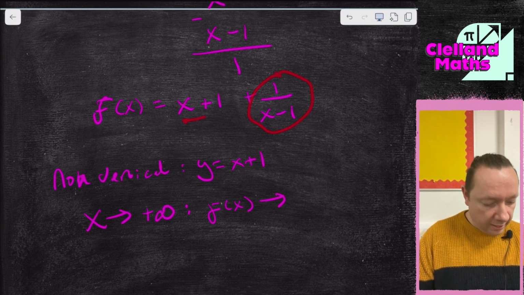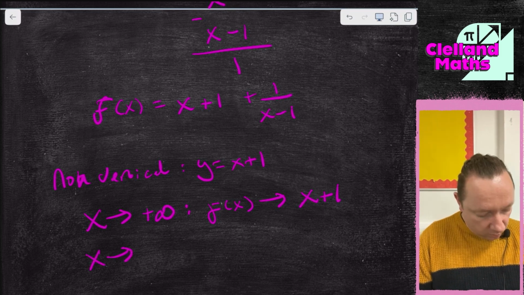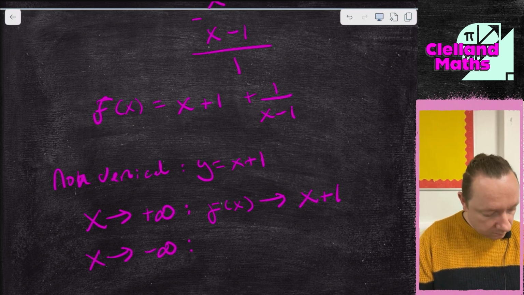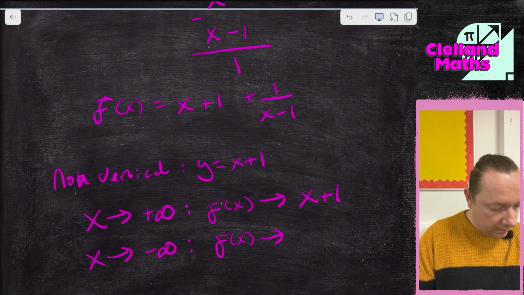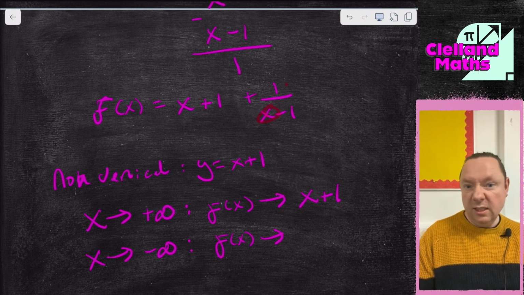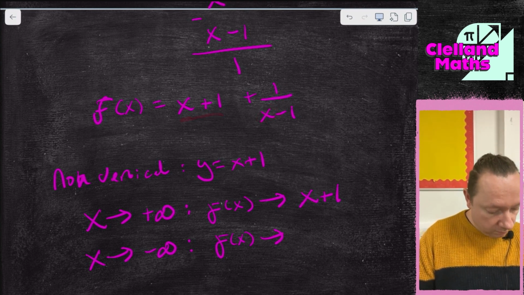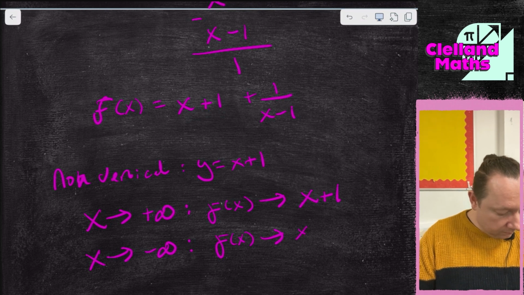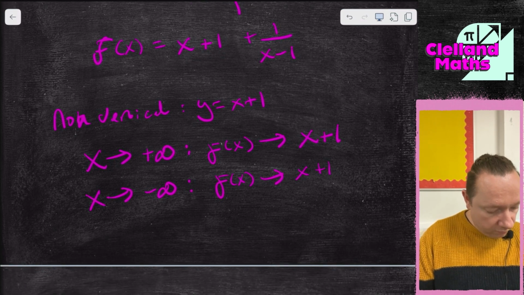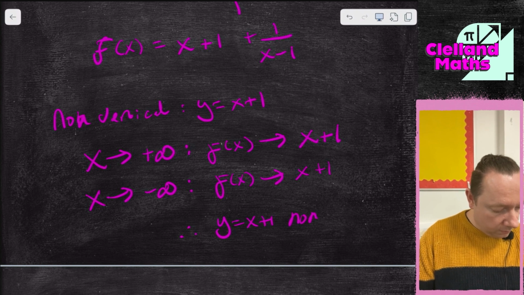So it tends towards x plus 1. As x tends towards negative infinity, f of x also tends towards, from the other side, negative infinity, 1 divided by infinity is 0, x plus 1 still. And therefore, y equals x plus 1 is your non-vertical asymptote.